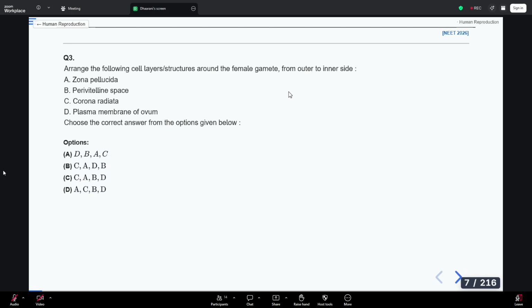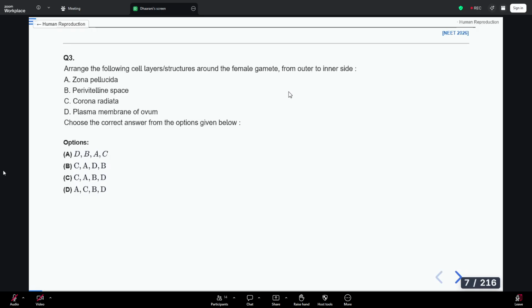Perivitelline space will be there, then the vitelline membrane will be there.